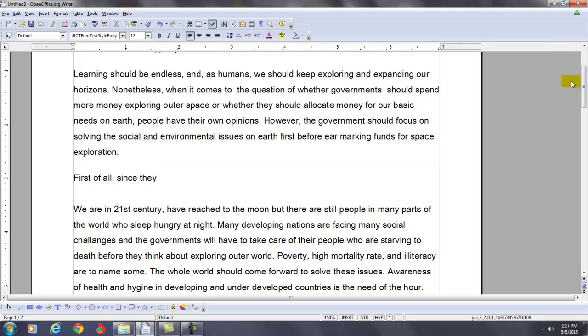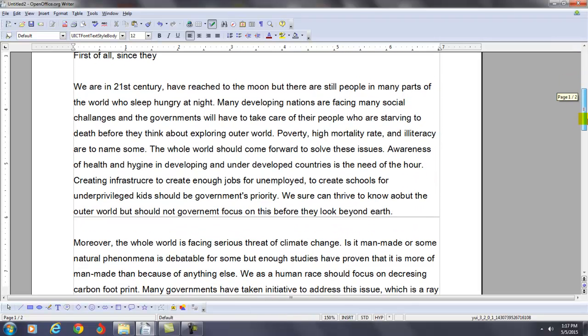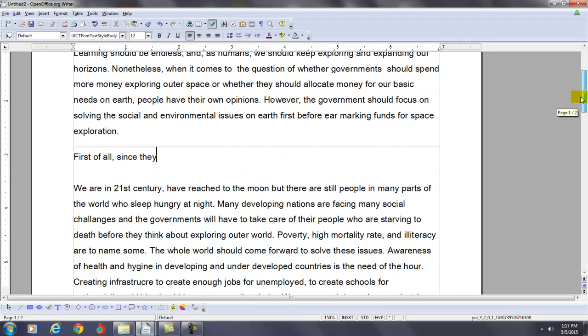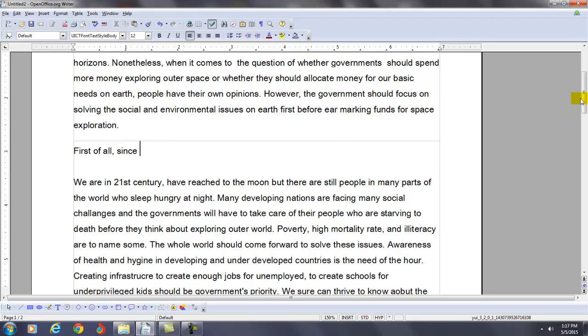Okay, so I think you might be trying to do too many different things in this paragraph. Let's see what we have. Well, you're using the idea of social issues, right? Such as hunger, mortality.